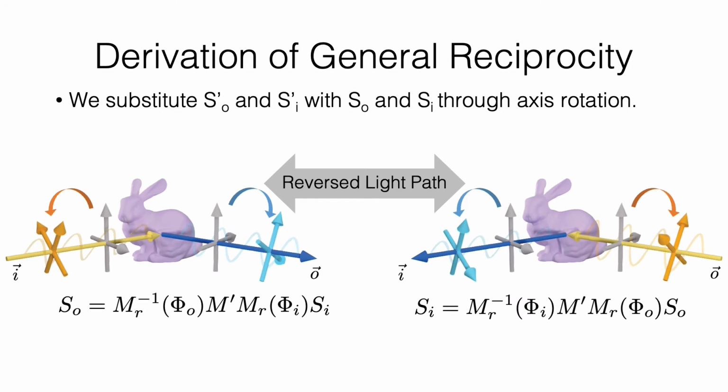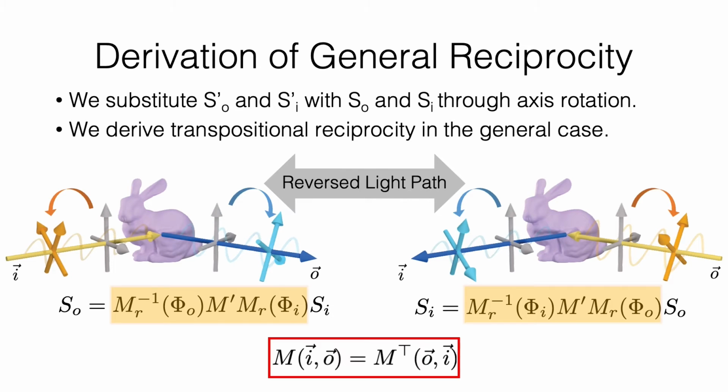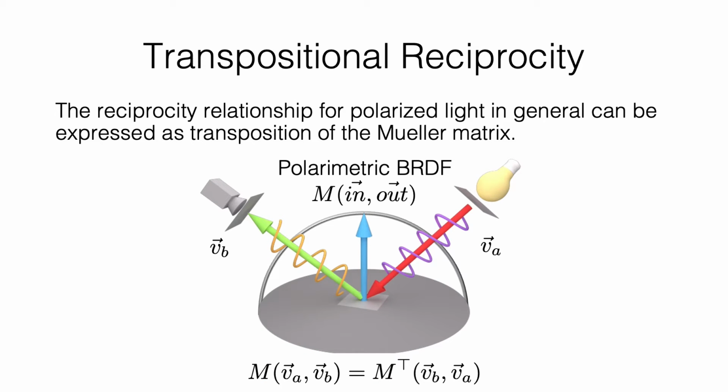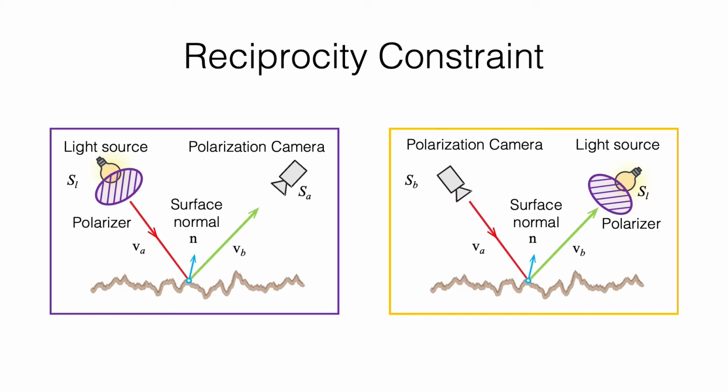By rotating the polarization references back to the local ones and comparing the two equations highlighted in yellow, we show that the value of M has a transpositional relationship. So we conclude that a reciprocity relationship for polarized light in general can be expressed as the transposition of the Mueller matrix M. By applying this transpositional reciprocity, we can derive constraints for depth and normal estimation.